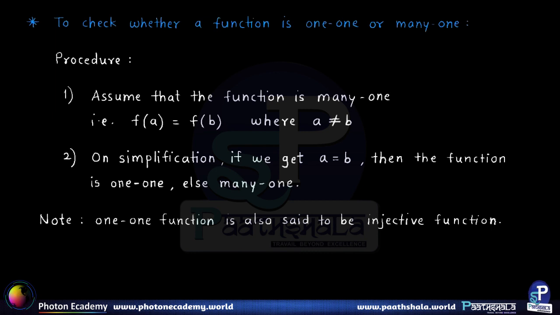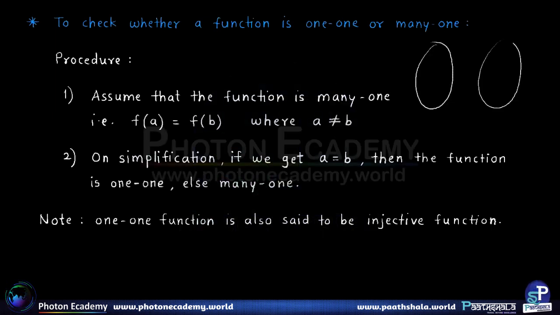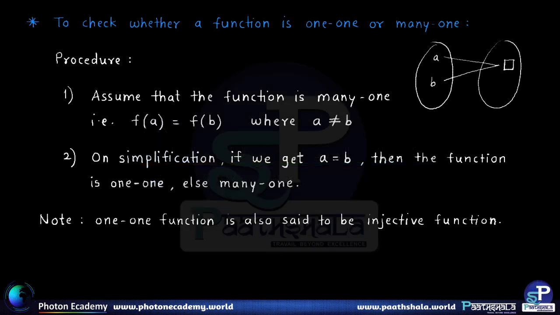So what it means is basically, if we recollect the definition of one-one and many-one, when a function is many to one, we have two different elements in the first set which map to the same value in the second set. So in this case we call this a many to one function. What we assume in the beginning is that the function is many to one, that is a and b are two different values.